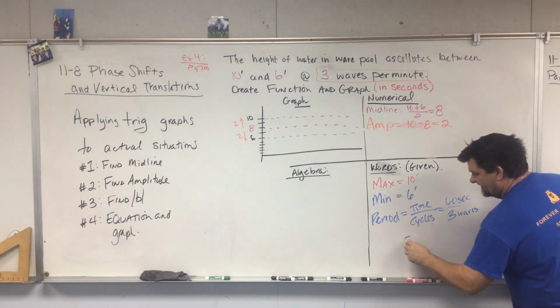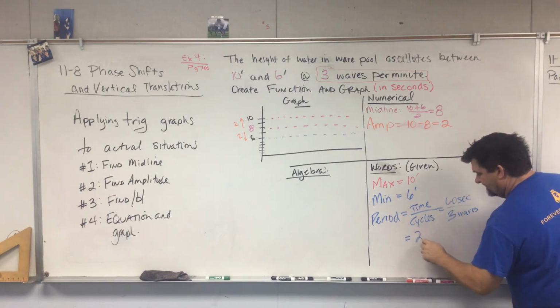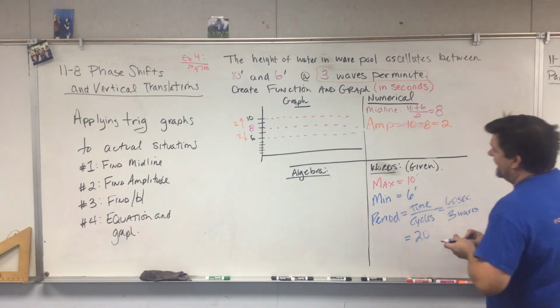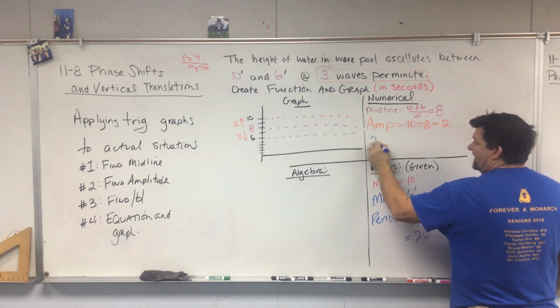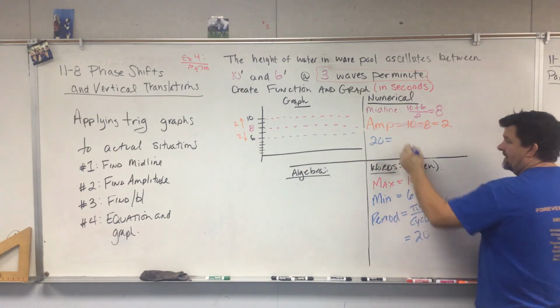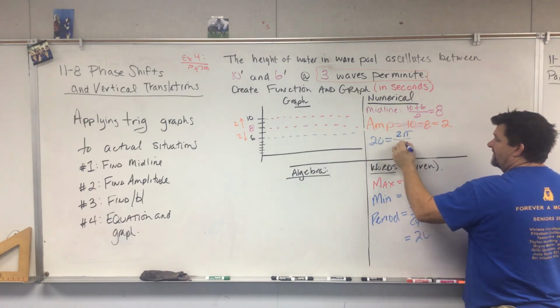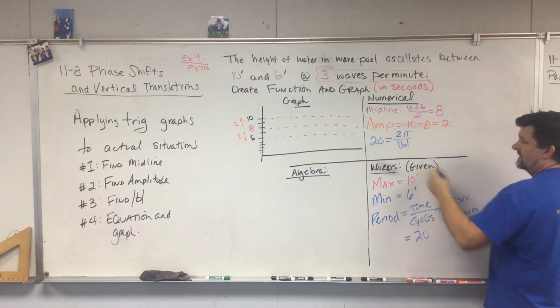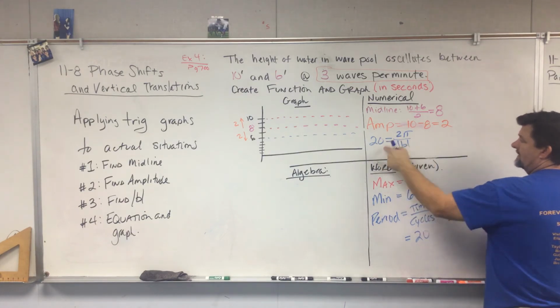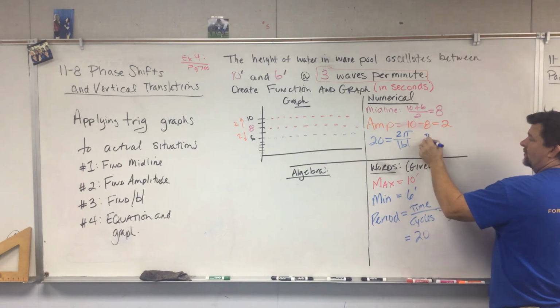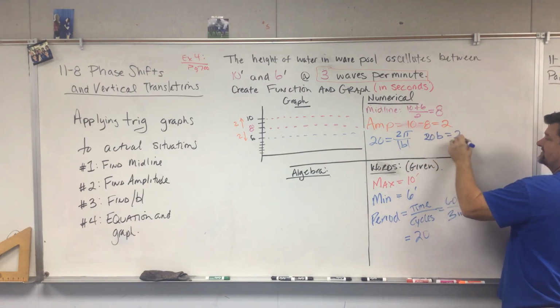So my period is equal to 20. So now let's calculate this. I have 20 equal to 2 pi over b, because we've got to find b. So we multiply b times 20. So 20b equals 2 pi.